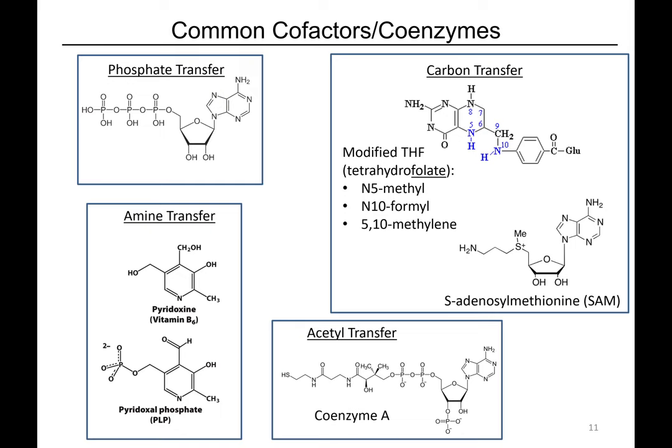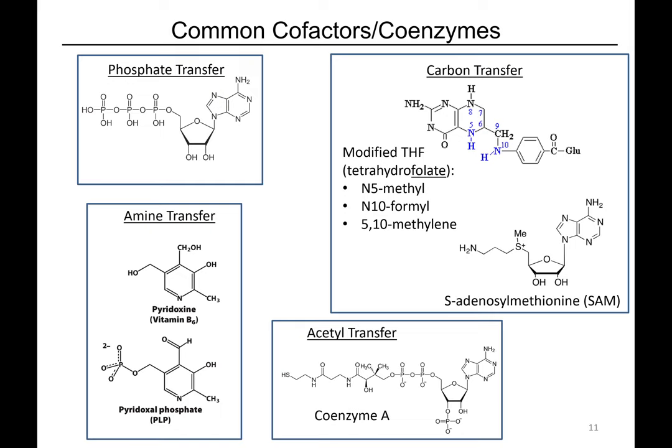It's really good at transferring carbon in different oxidation states. It can transfer carbon as a methyl, a formyl, or a methylene, right? Which boils down to different oxidation states of that carbon. When it's just a methyl group, that methyl is simply attached to carbon 5. If it's a formyl group, formate is, right, a carbonyl and a hydrogen.